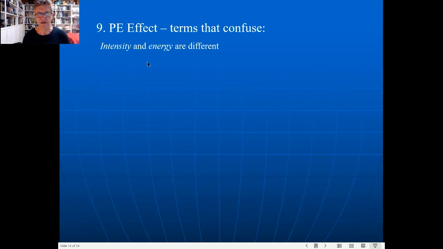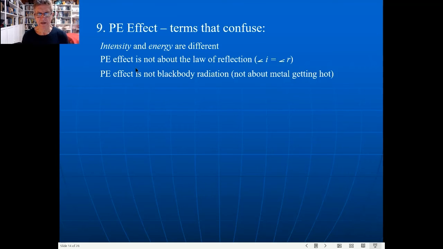So they're different things. The PE effect is not about the law of reflection, even though light is reflected. If you shine light on a metal plate, it can be reflected or it can be absorbed, but students often say, the angle of incidence equals the angle of reflection, and they think that's the main point about the PE effect. Now that won't get you a mark.